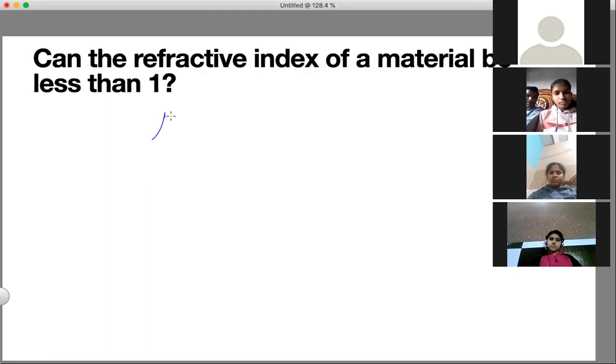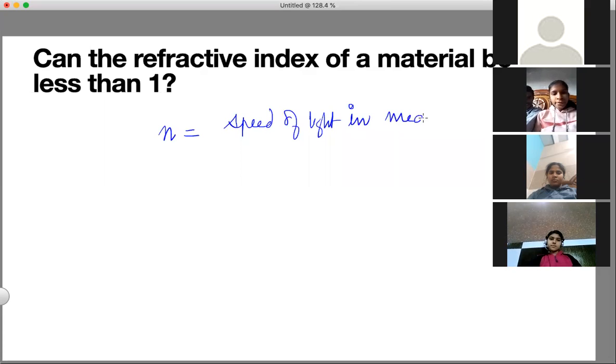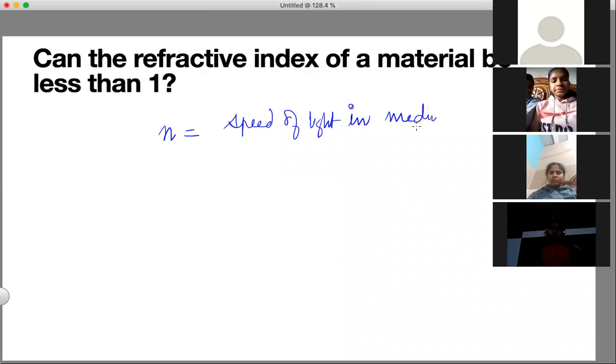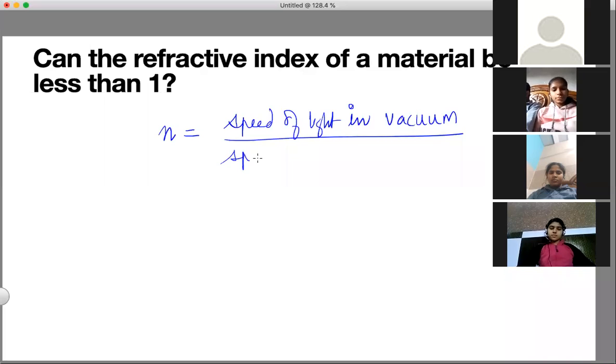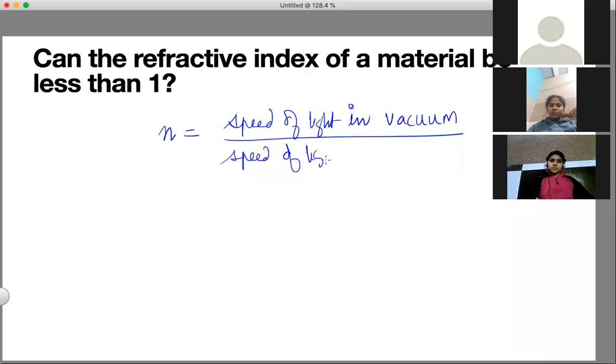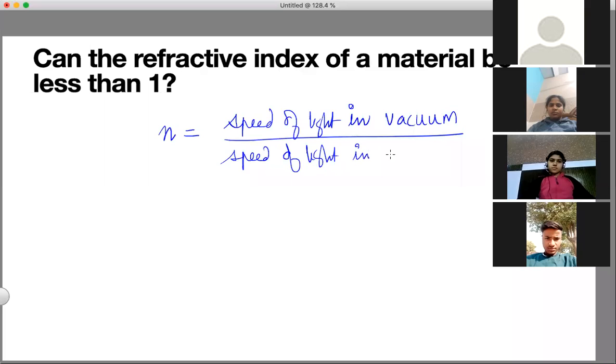Refractive index क्या होता है? Sorry, we write it with n in this. Okay. Refractive index क्या होता है? Speed of light in vacuum by speed of light in medium.